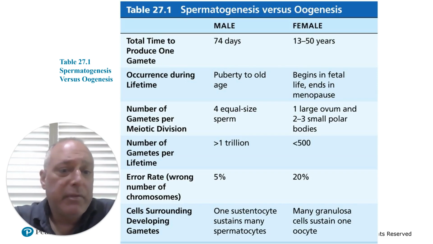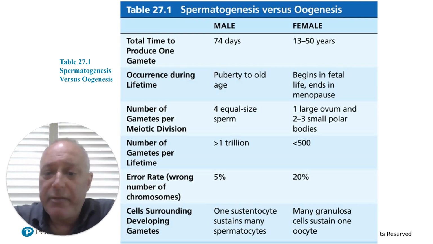The females, just one large ovum is produced per meiotic division. The number of gametes per lifetime, the male is more than 1 trillion. The female will be less than 500. Every female has a different number of eggs that they are born with.